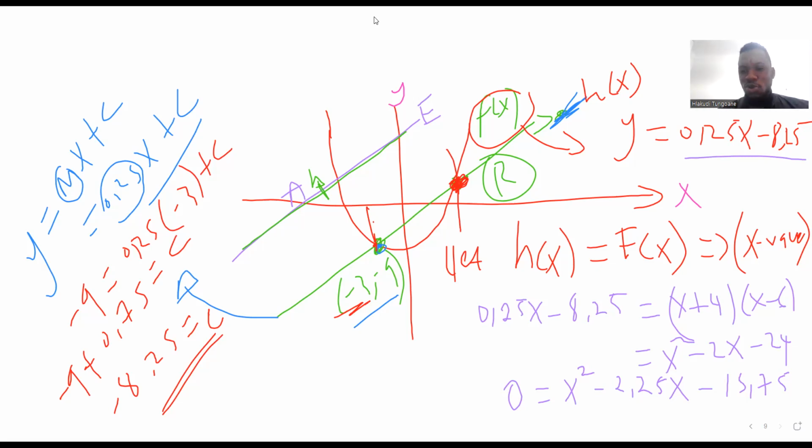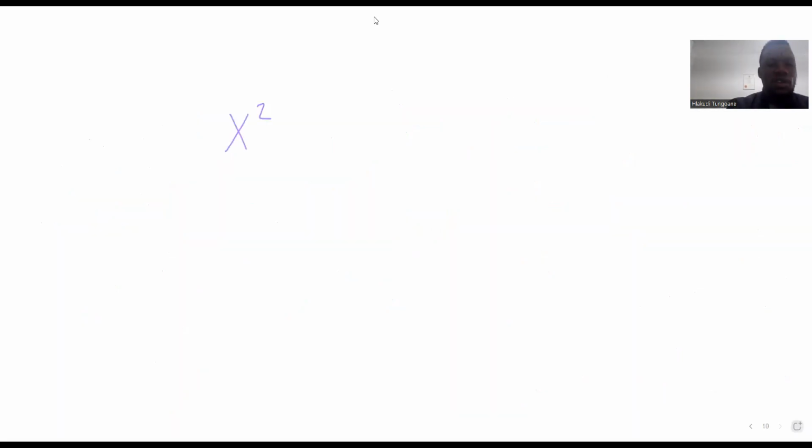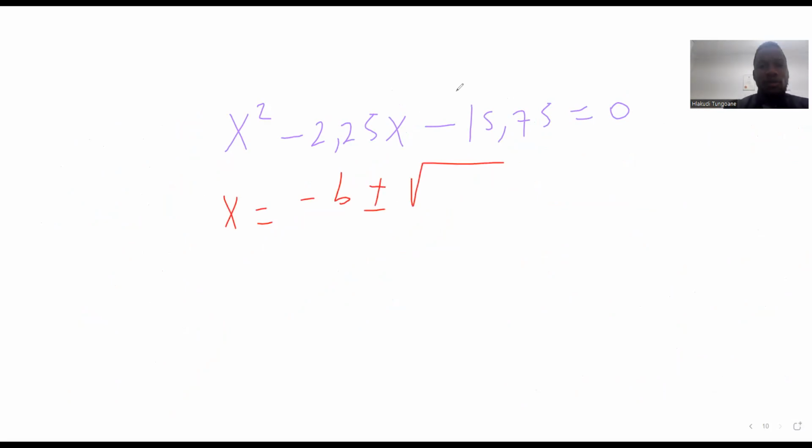So then what you need to do now is solve this equation: x squared minus 2.25x minus 15.75. You can just use your quadratic formula to solve this. x equals minus b plus or minus the square root of b squared minus 4ac, over 2a.